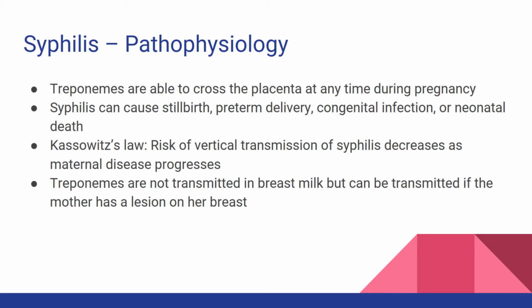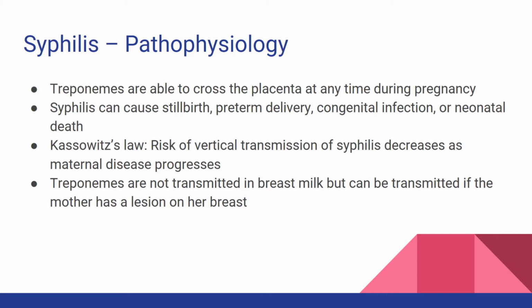Pathophysiology associated with it. So importantly, treponemes are able to cross the placenta at any time during pregnancy. Syphilis is known to cause stillbirth, preterm delivery, congenital infections, or neonatal death. Interestingly, there's Kassowitz's law, which is that the risk of vertical transmission of syphilis decreases as maternal disease progresses. So depending upon the time that the mother acquires syphilis changes the likelihood of the disease being passed on to the infant.